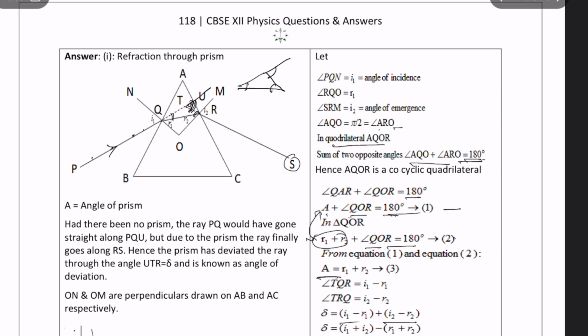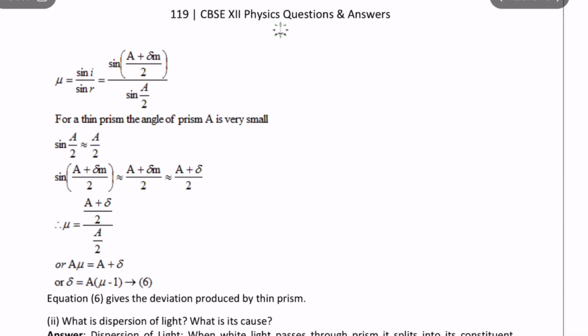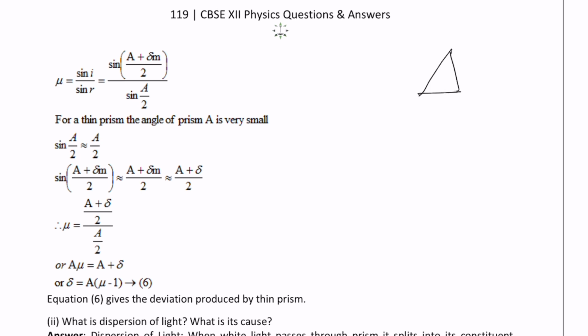So apply Snell's law. One of the media here is air, correct? Snell's law reduces to mu is equal to sin of (A plus delta M by 2) divided by sin of A by 2. Here I is A plus delta M by 2.